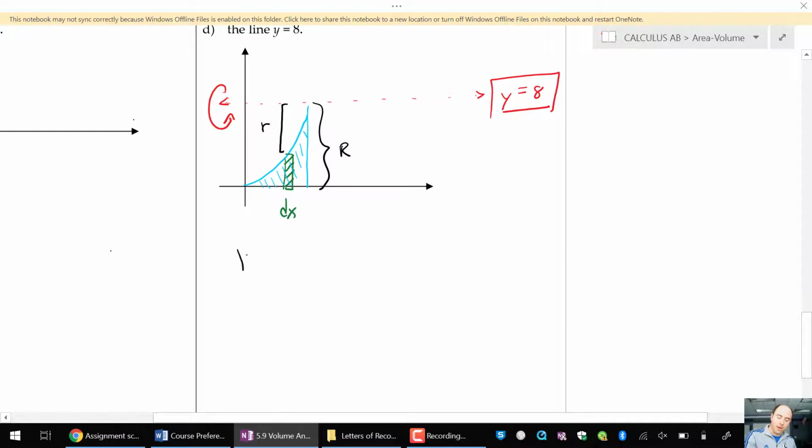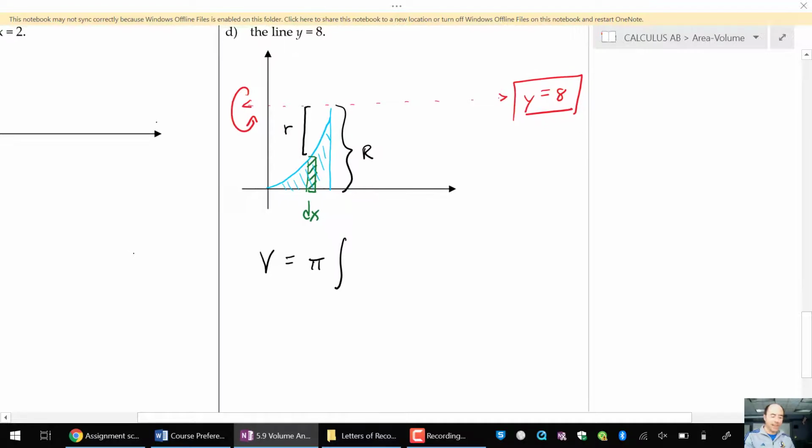So the volume, the bounds would be, let's see, x-axis bounds. That'll be from 0 to 2. And then I want capital R squared, top minus bottom, looks like 8 minus 0, minus inner radius, again, top minus bottom, appears to be the function 2x squared minus 0.